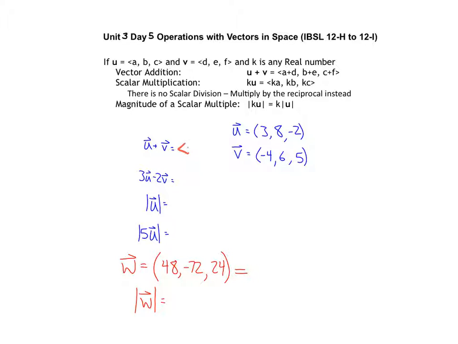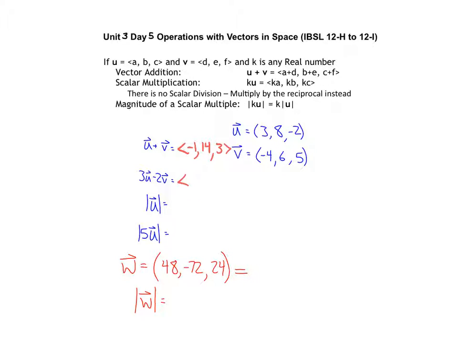Yeah, and that would be 8 plus 6. 8 plus 6 is 14. Then negative 2 plus 5, which is 3. Yeah, okay. So that's all there is to it.